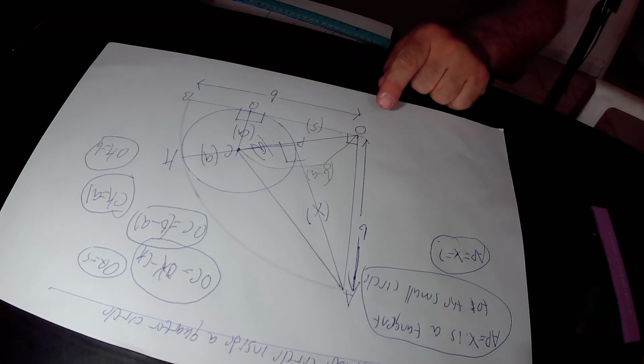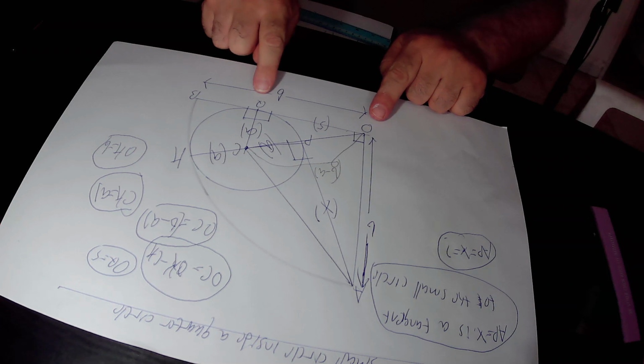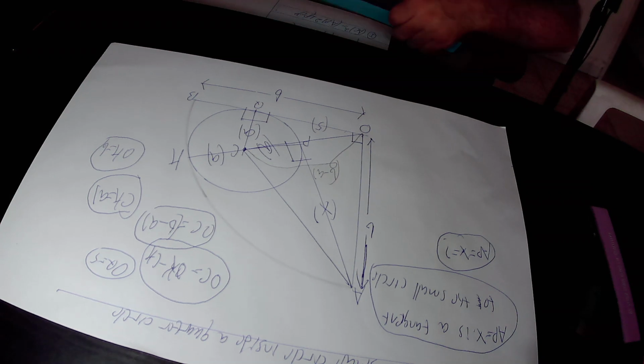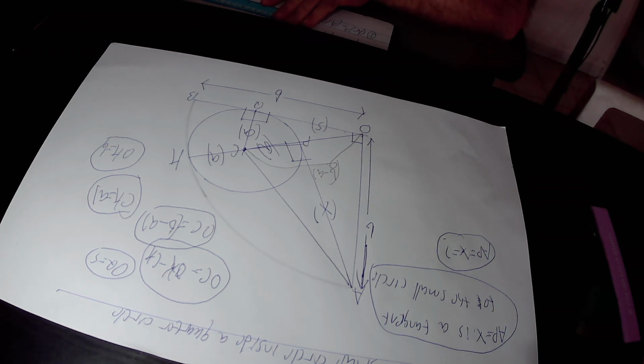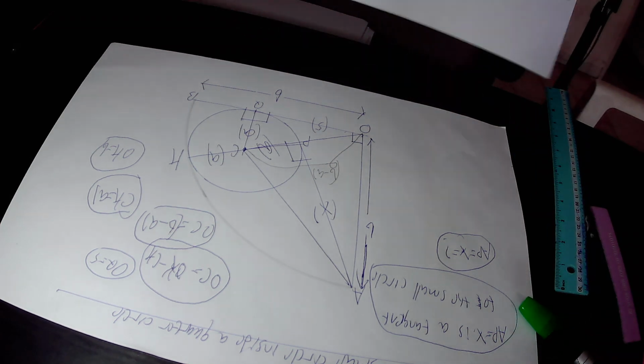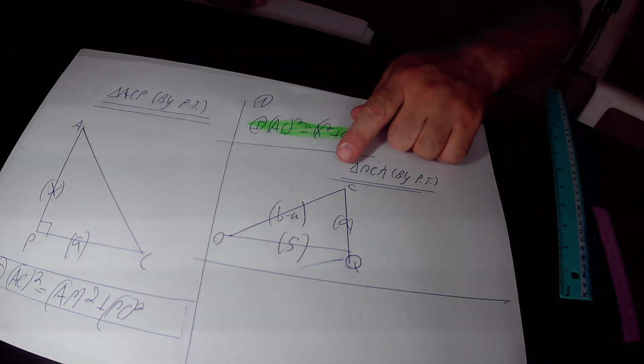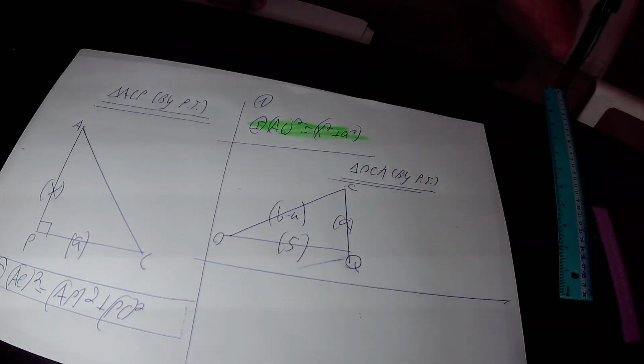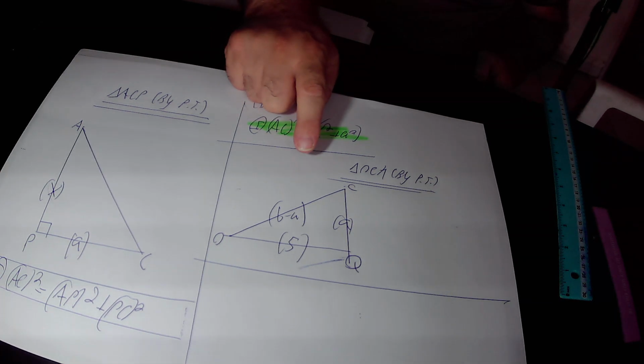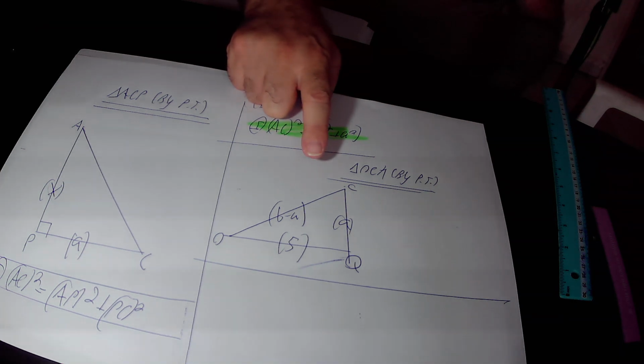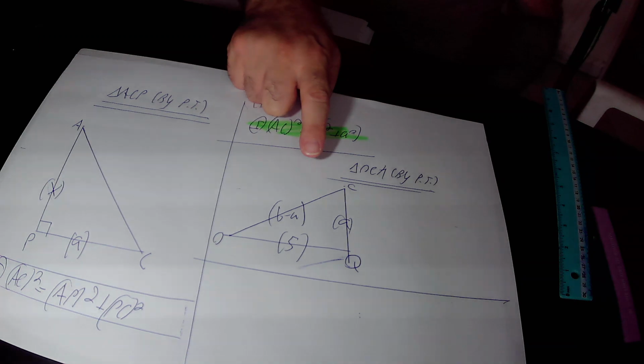The hypotenuse OC is B minus A, and OQ equals 5 units in its length according to what is given in the question. So actually, this is the right triangle OCQ according to the original drawing. In this right triangle OCQ, according to the Pythagoras theorem, OC squared, that is the square of the hypotenuse, equals CQ squared plus OQ squared. So I write it down. This will be equation 2.